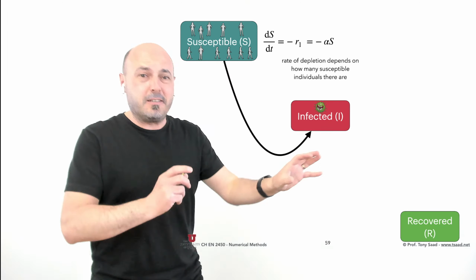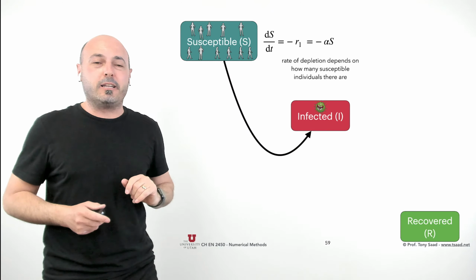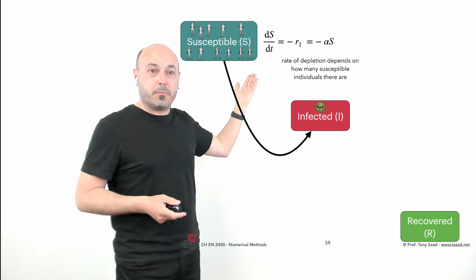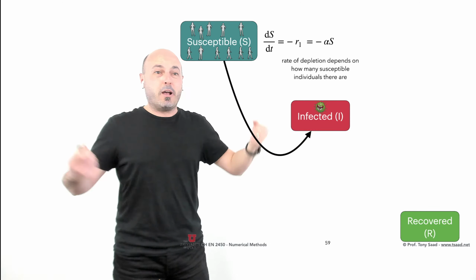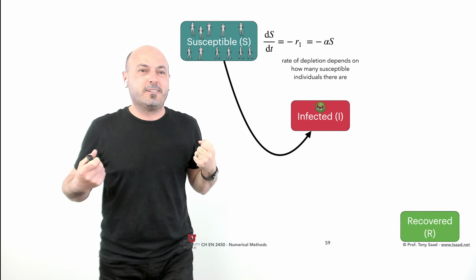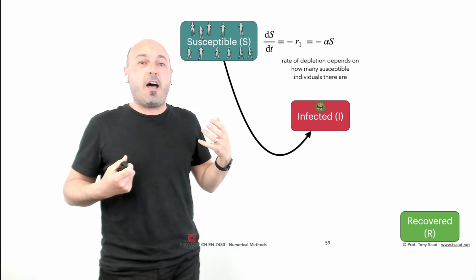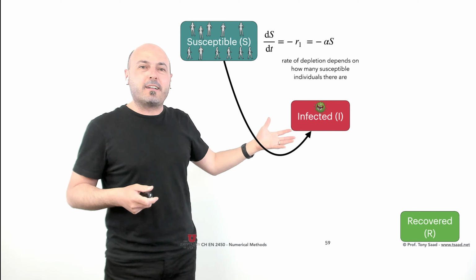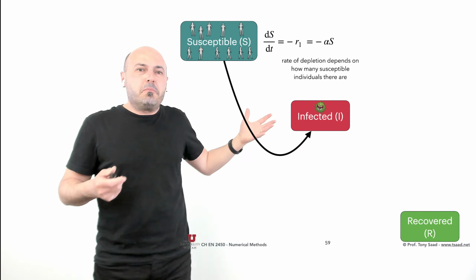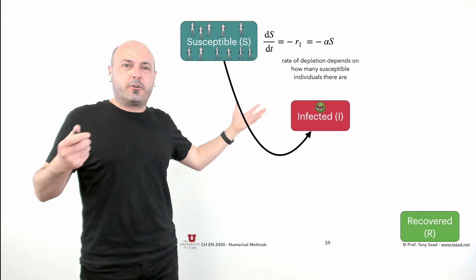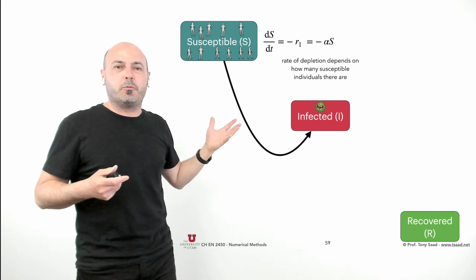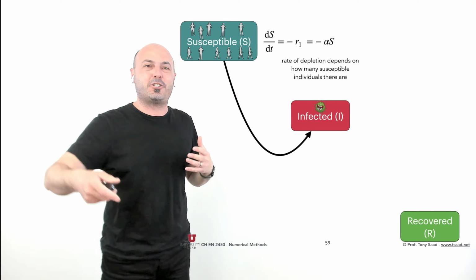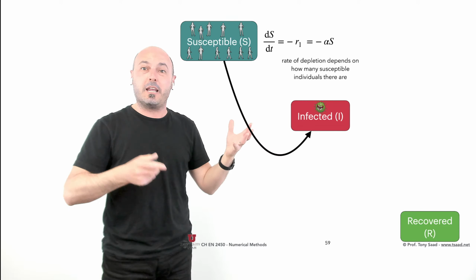This is the jump that I need you to make mentally: simply take the product of S, the susceptible, by the infected. So every time they interact with each other, that's a product. If you have 1 million people interacting with one infected person, there's one chance in 1 million, for example, for one of them to be infected. But if there's 100 infected people, there's a higher chance of them to be infected.